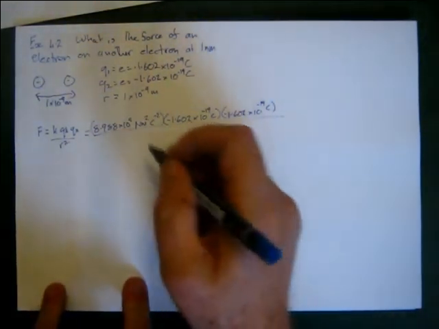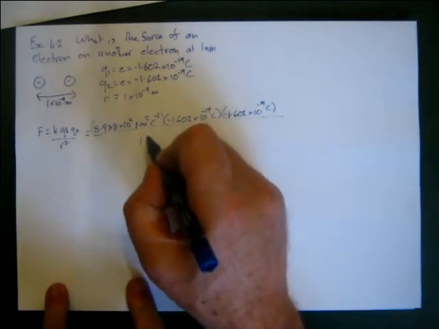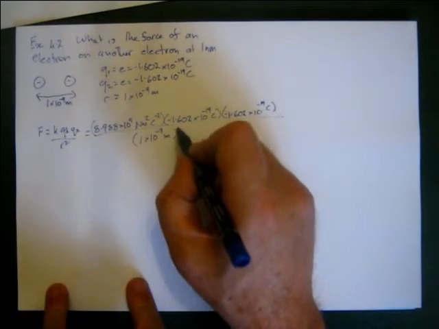And we divide all that by r squared, so that's 1 times 10 to the negative 9 meters, squared.